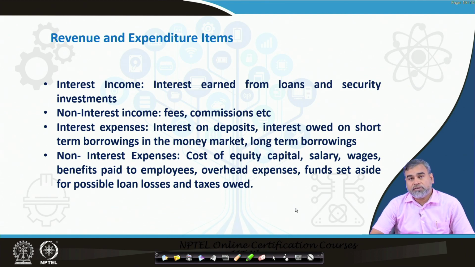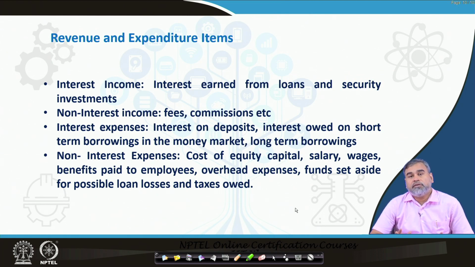Non-interest expenses include dividend payments, the cost of equity, salaries, wages, and whatever benefits they have given to employees, then overhead expenses, and some funds they keep aside as loan loss reserves for possible loan losses, and the taxes whenever they pay. So, these all come under the non-interest expenses.